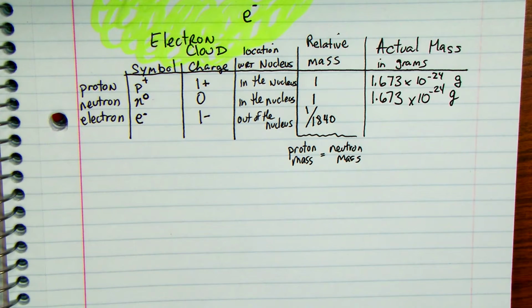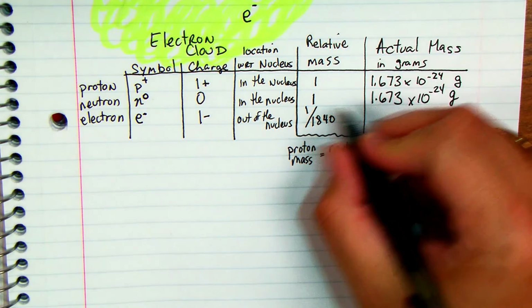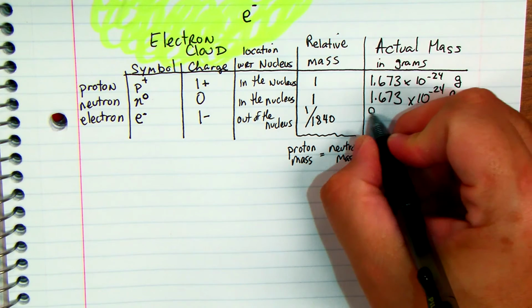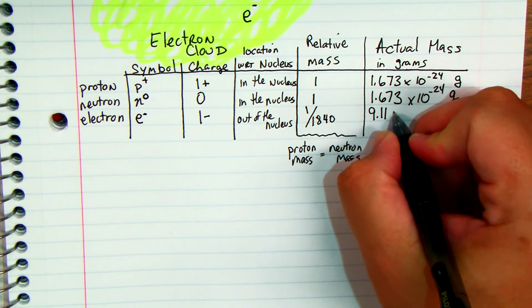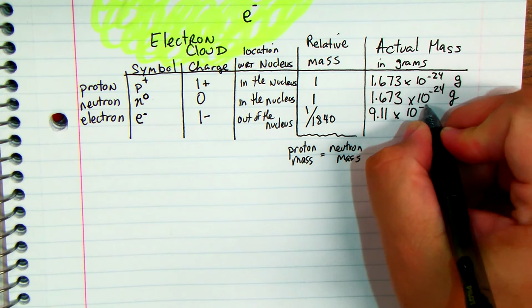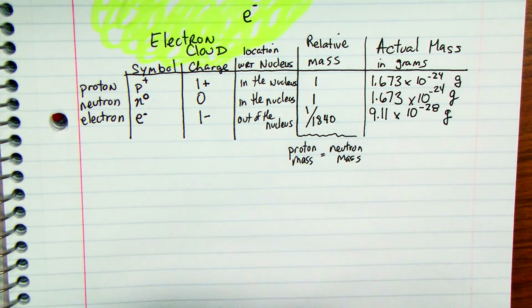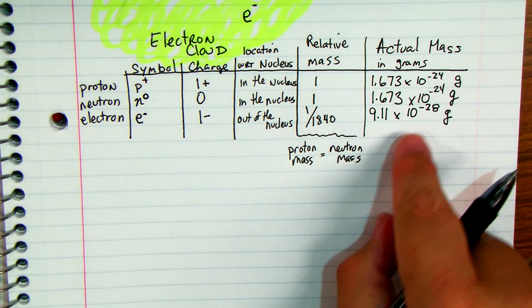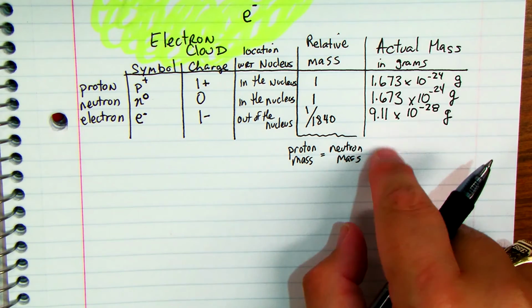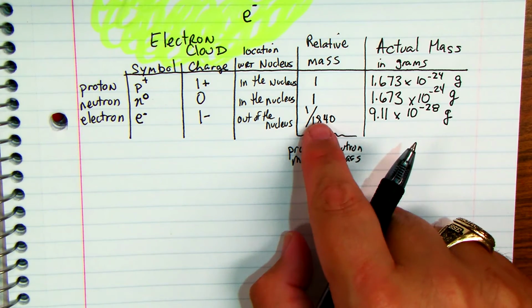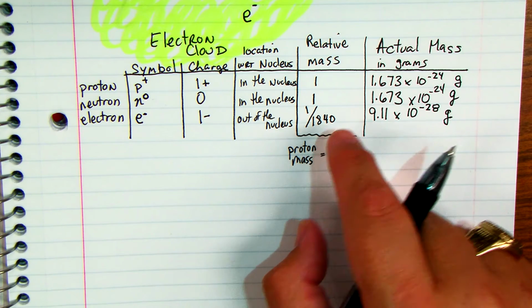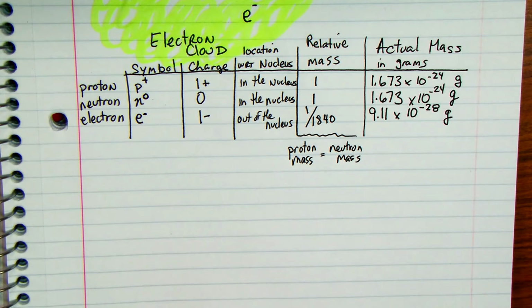Now, the electron is 9.11 times 10 to the negative 28 grams. So it's still a lot smaller than these by a huge factor. So it doesn't weigh much, or its mass is not much of anything.